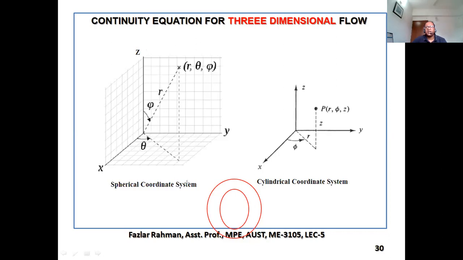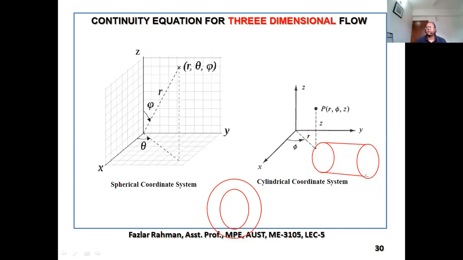Okay. And the right-hand side is called cylindrical coordinates. Say you have a pipe flow. You would like to study the flow of air inside a tube, a pipeline, a submarine, or inside an aircraft body.